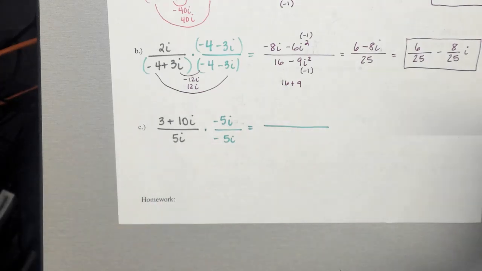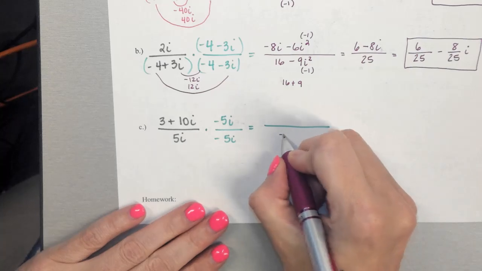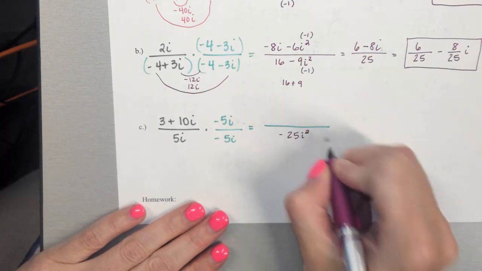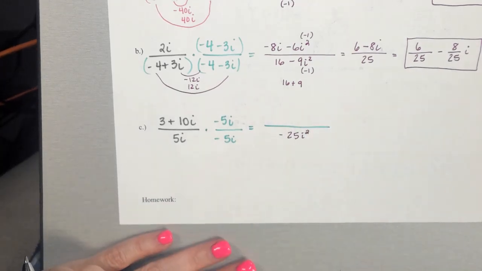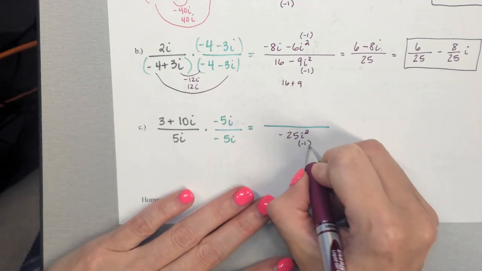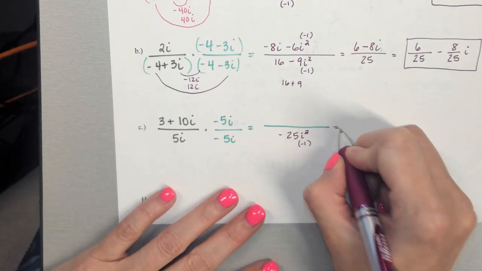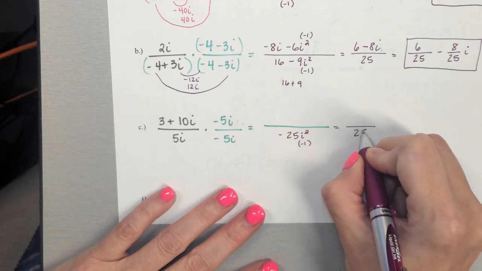So when you do that, you have negative 25i squared in the denominator, which we know here is going to be negative 1, and then a negative times a negative is a positive.